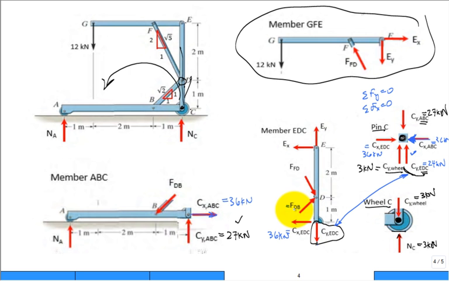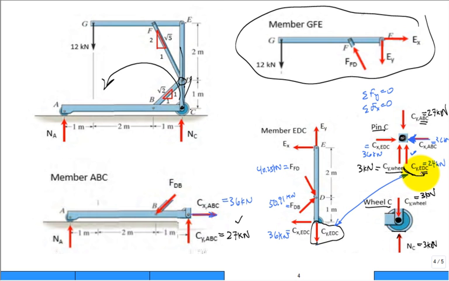Okay. So we solved for, we're focusing on this member EDC. We solved already for the force in the member D to B. That was about 50.91 kilonewton. The force in F to D, that was 40.25 kilonewton. Right? And actually, we just finished out the problem, didn't we? I already saw, these were the last two unknowns.